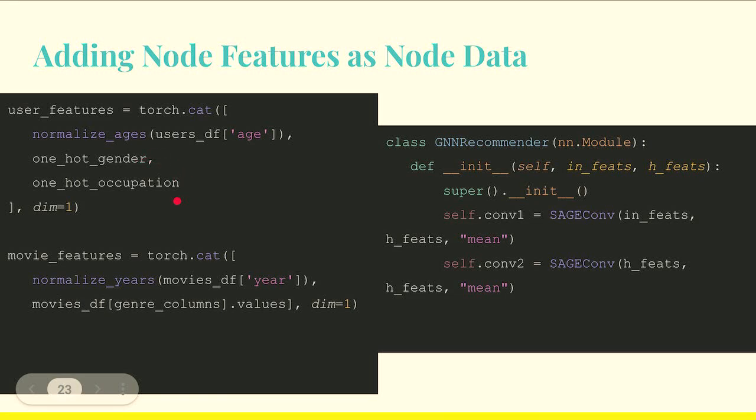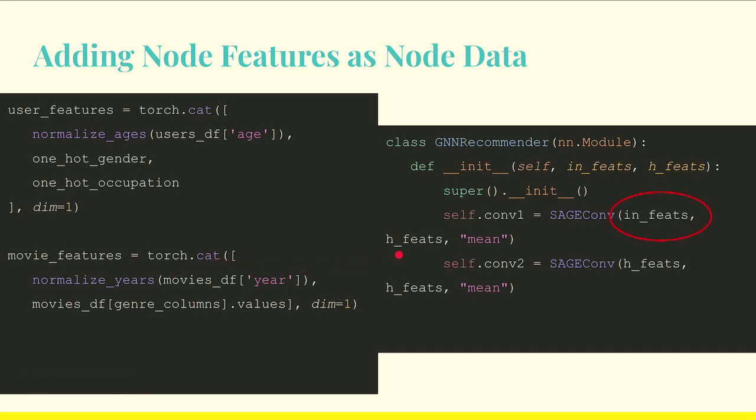For a movie, we have what year the movie was released in, we have what genre the movie is of. And it is important because in a typical machine learning system, we learn not just from similar users, but the way we define similar users is using the features. So how do we add that as part of the GNN?